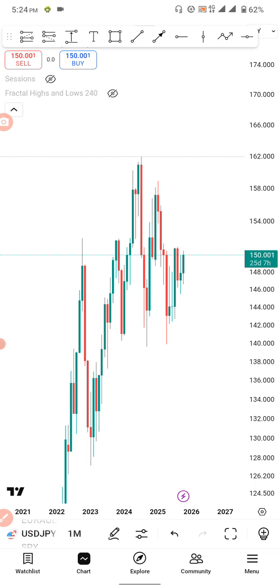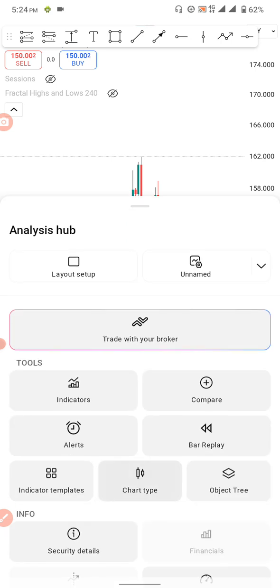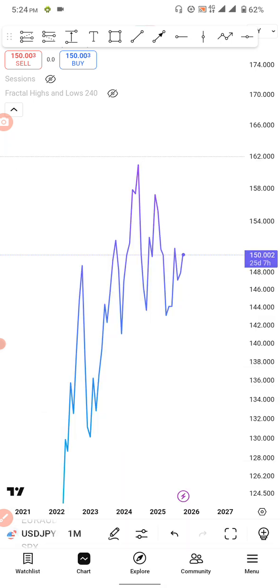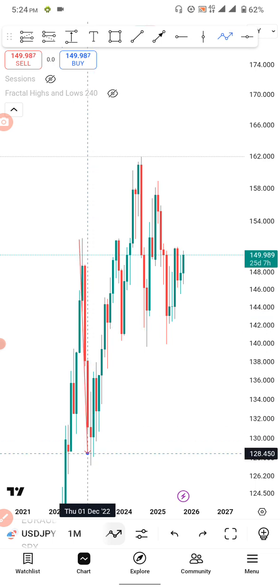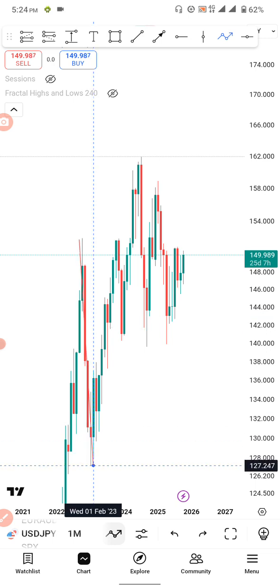Now, here on USDJPY, I want you to observe which kind of recent break of structure we had in this pair. I will draw what I see, just swing highs and swing lows.